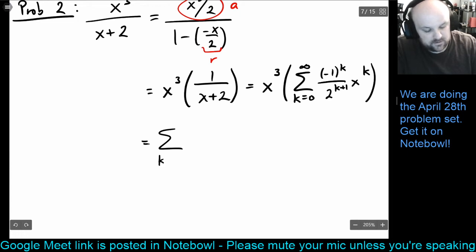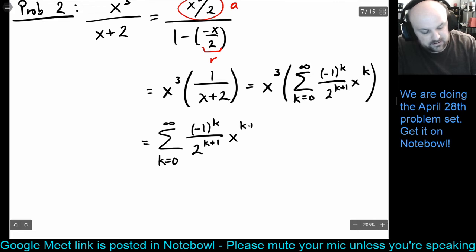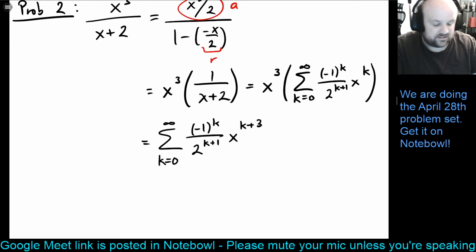Sum from k equals 0 to infinity, negative 1 to the k over 2 to the k plus 1, x to the k plus 3. X to the third times x to the k, we just add the exponents.